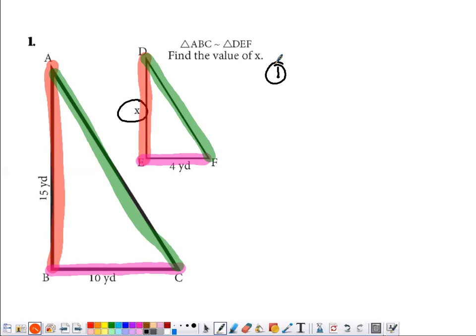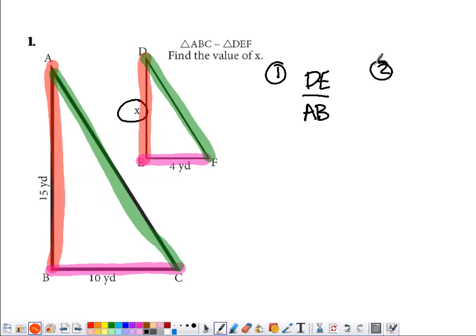On the X. What line is that? D and E. And what's the corresponding side to that? A, B. My second set, I need to know the lengths of both of the sides. I can't have an unknown there.